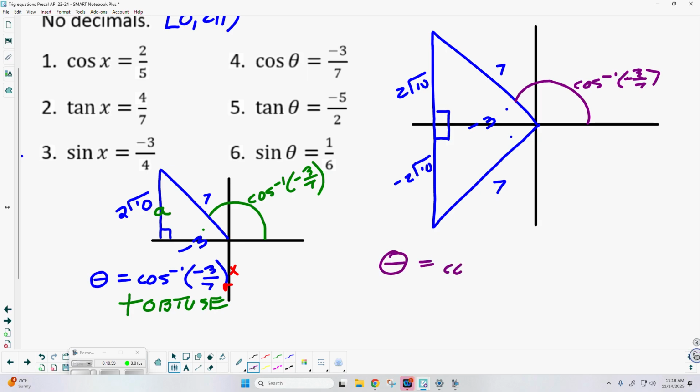So theta is equal to cosine inverse of a -3/7. Okay, now take a few seconds, find me this other angle. We want to start in standard position, but rotate around to the other hypotenuse. Okay, so let's see if you can find that other solution for me. Oh, I forgot to put these in.